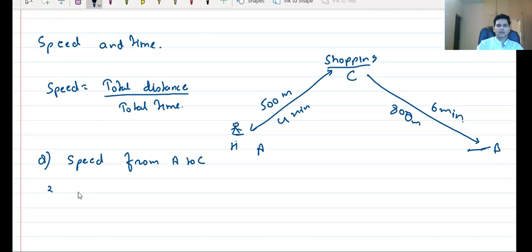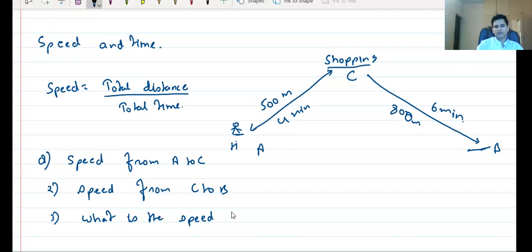Then second, what is the speed from C to B? Third, what is the speed of the total journey?